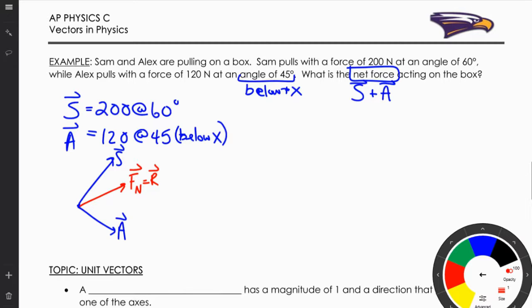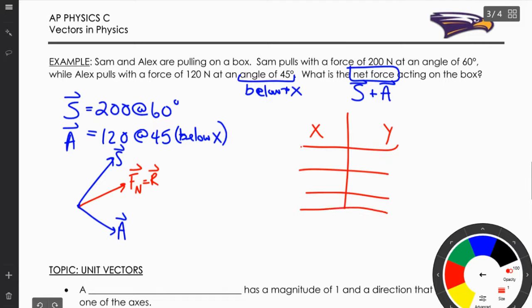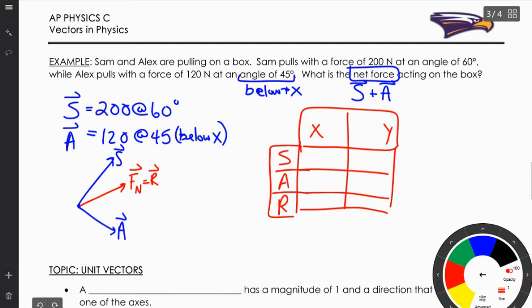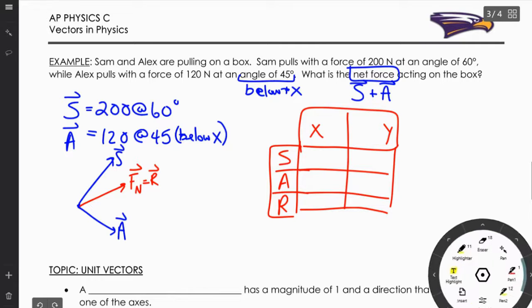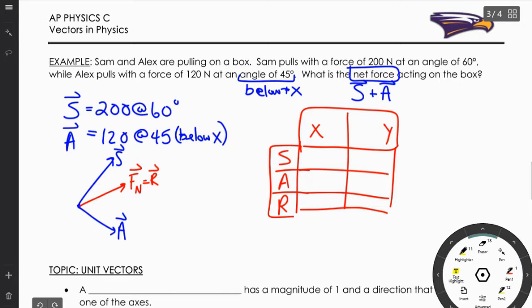The first thing we're going to do is make our chart. Again, I always make this chart differently for some reason. So we've got Sam, Alex, and the resultant. Or in fact, let's not call it resultant, let's call it Fn, because that's what we're looking for, the net force.